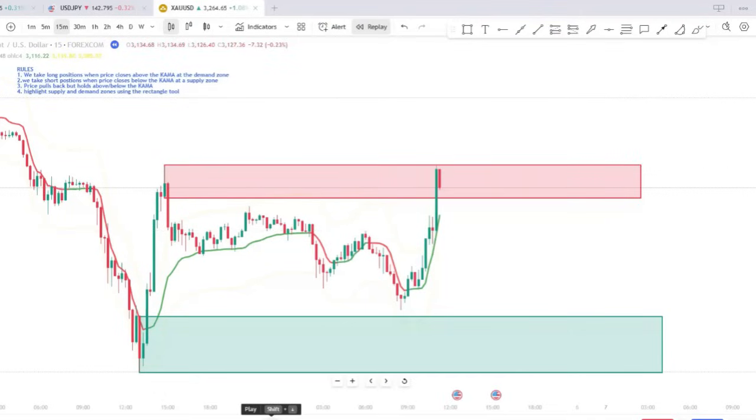Okay, nice move into the supply zone. Nice move, but we've got a lovely candle here, but it's still not engulfing. This is massive power that has come into the zone. So let's see how we continue to react. Perfect. So now we've had a lovely push down, nice, juicy, bearish candle.